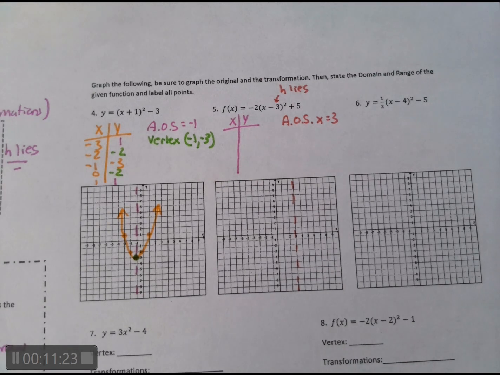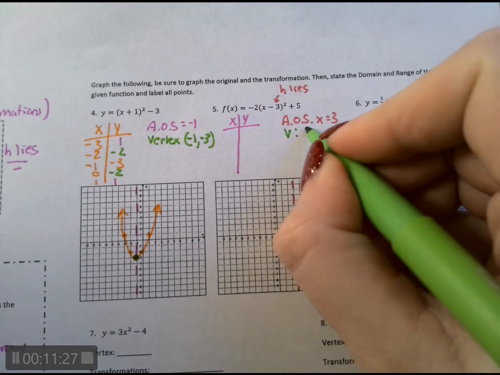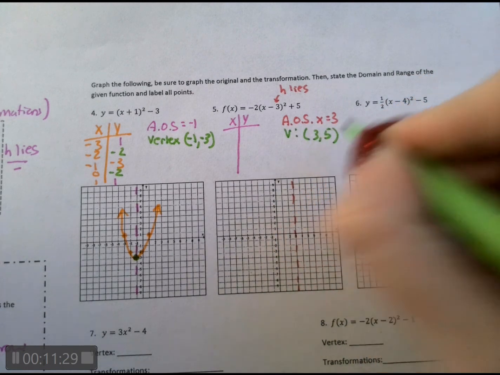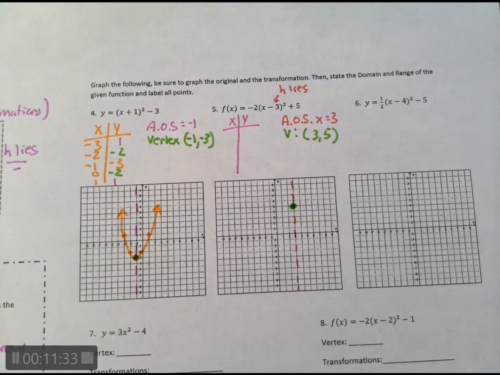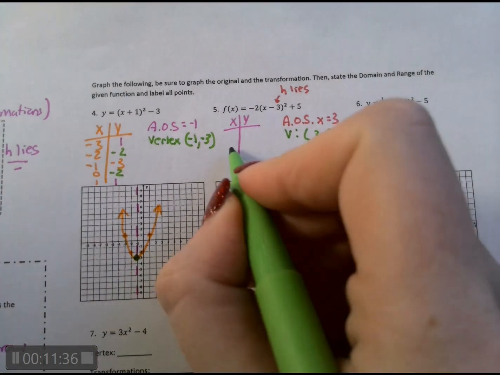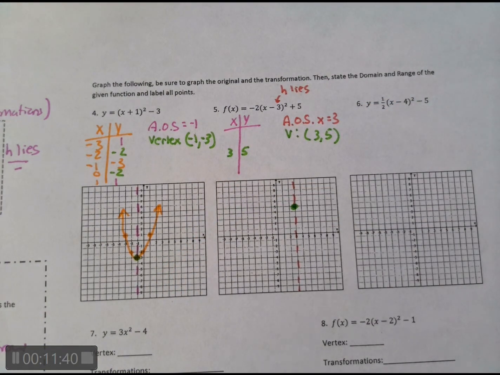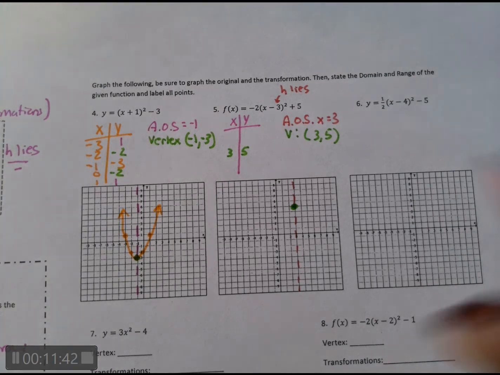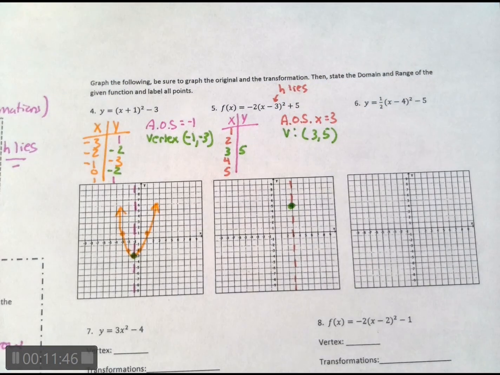And then our vertex is going to be 3, 5. So now we know that we need to put our vertex 3, 5 here. And then we go 2, 1, 4, 5.